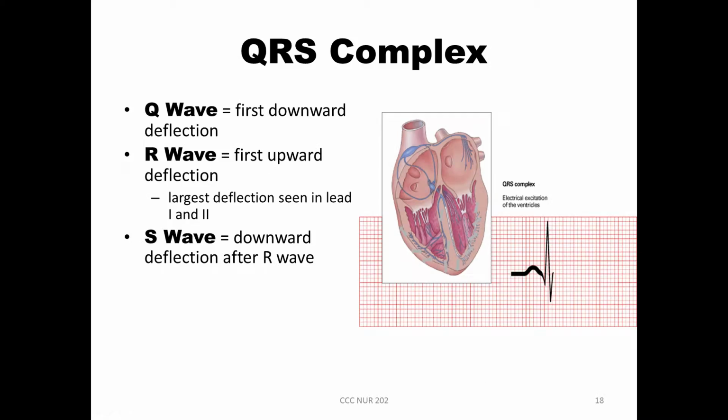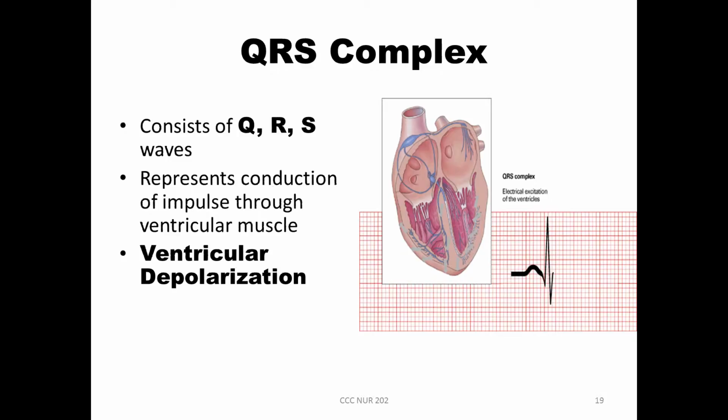The QRS complex, the QRS, of course, is the first downward deflection, although not all the time will you see a downward deflection in the QRS, but they are there most of the time. The R wave is the first upward deflection, and then the S wave is the downward deflection. The QRS consists of conduction of the impulse to the ventricular muscle, so it's ventricular depolarization.